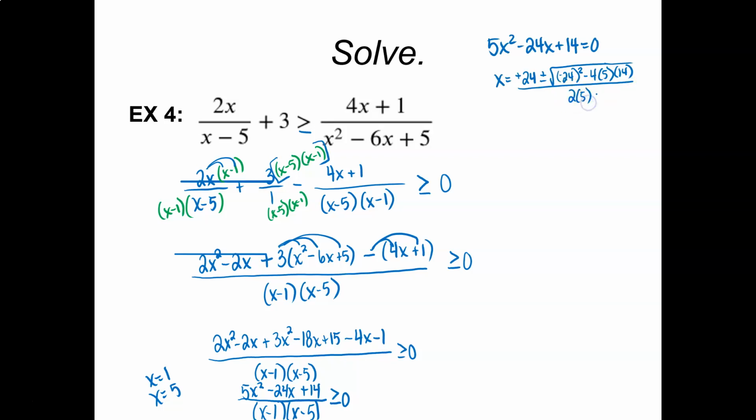And if I end up with an i in this one, we're quitting. Let's see, 24 squared minus 4 times 5 times 14. No, we get a positive number. Okay. So we get x equals 24 plus or minus square root of 296 over 10.